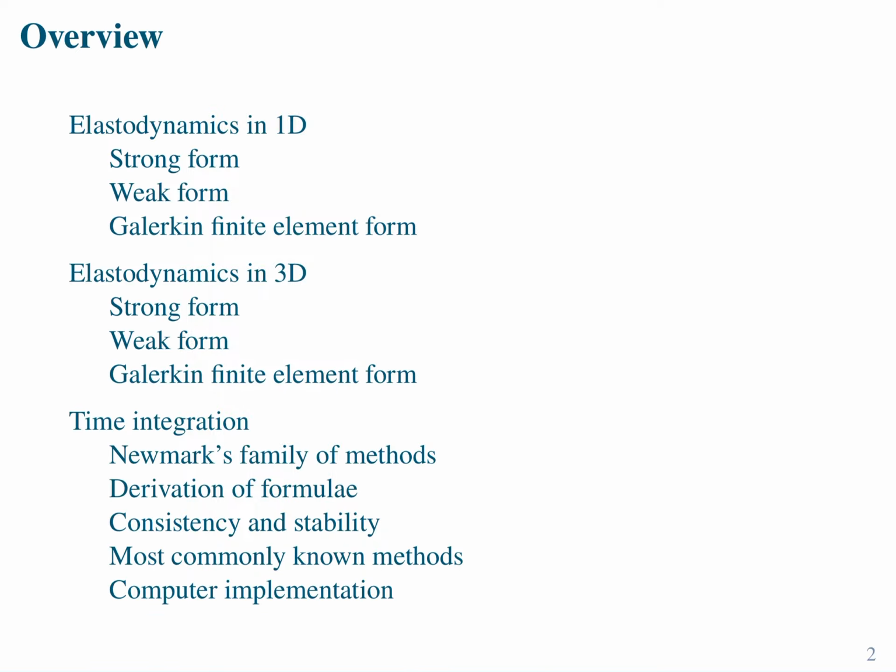And once we have that, we're going to delve into time integration, and in particular the Newmark family of methods. And we're going to discuss their different properties. There are many different methods in this family, and so we are going to discuss which one performs more or less okay, which ones are stable, which ones are unconditionally stable, and so on.